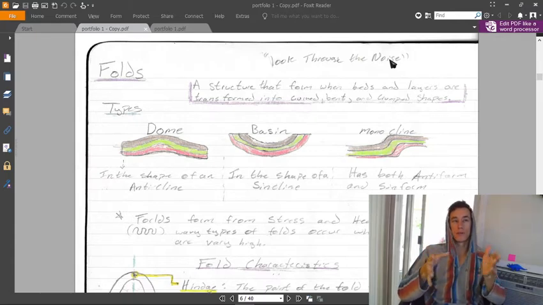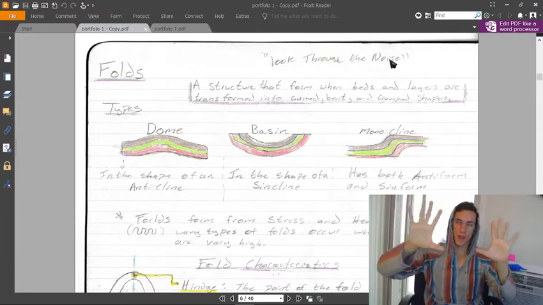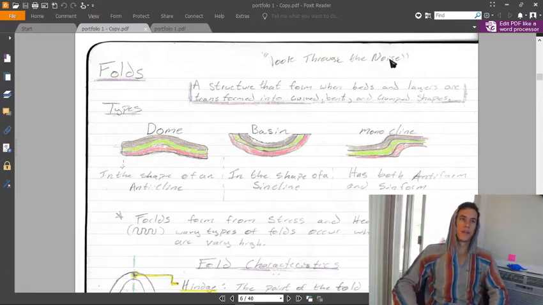If you're looking for folds, pick that section out in your mind where you see the folds. A fold is a structure that forms when beds and layers are transformed into curved, bent, and cramped shapes.